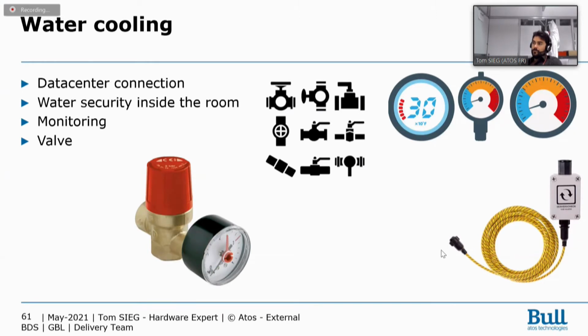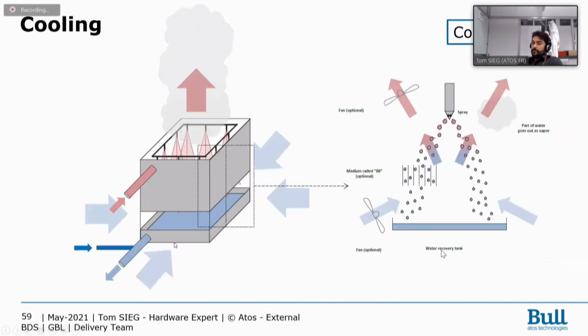When you use an open solution, like a cooling tower, you will have a water tank. So for sure, you will not have any air in your circuit because the tank will handle that.